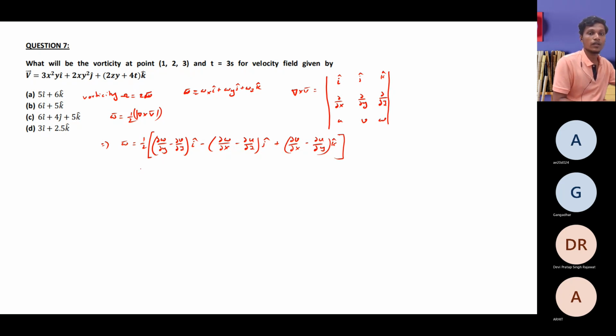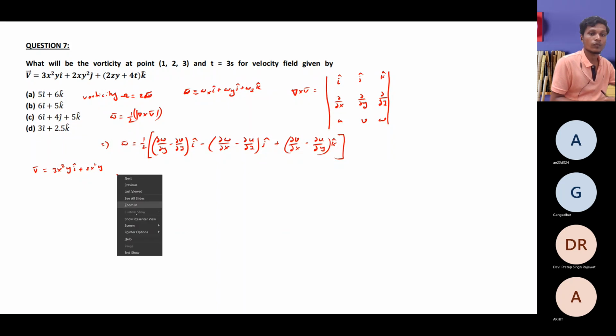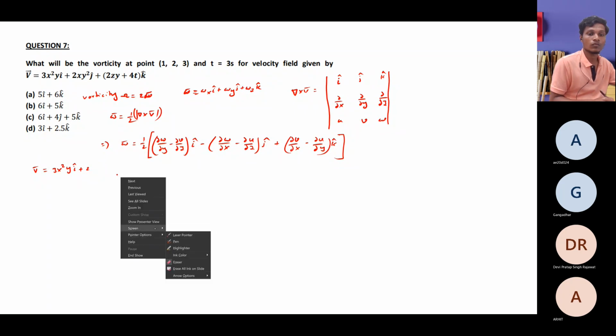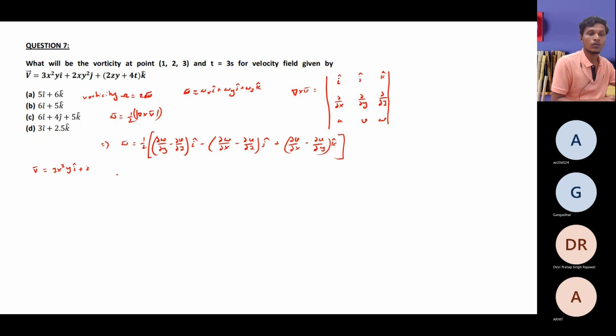So now our task is to identify u, v and w. From our velocity vector, v bar equals 3x²y i cap plus 2xy² j cap plus (2zy plus 4t) k cap.